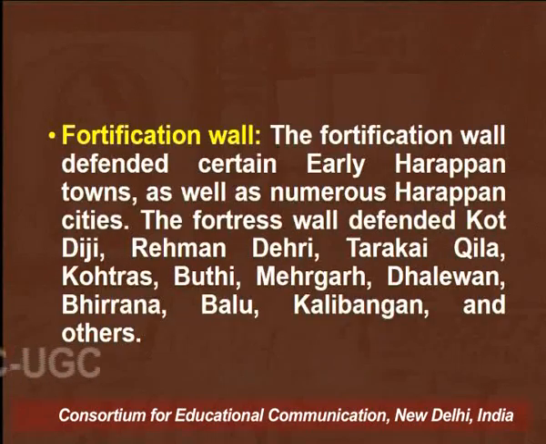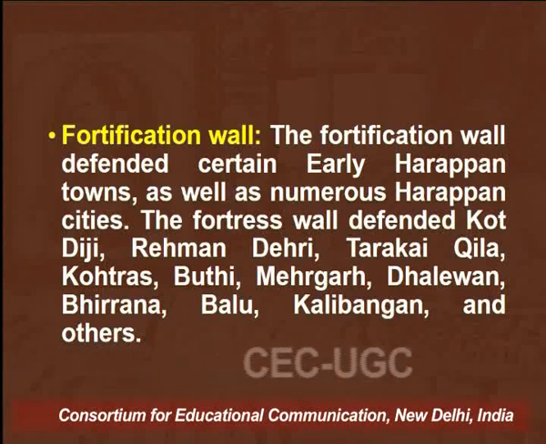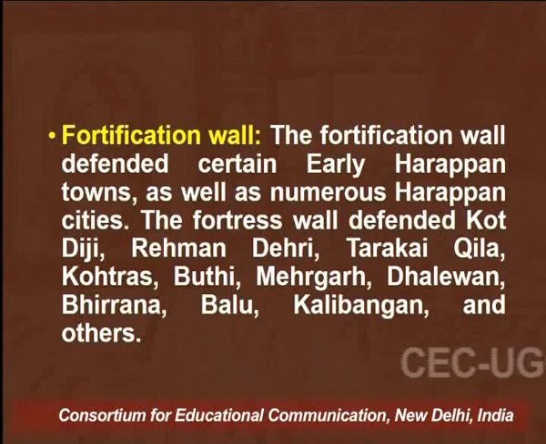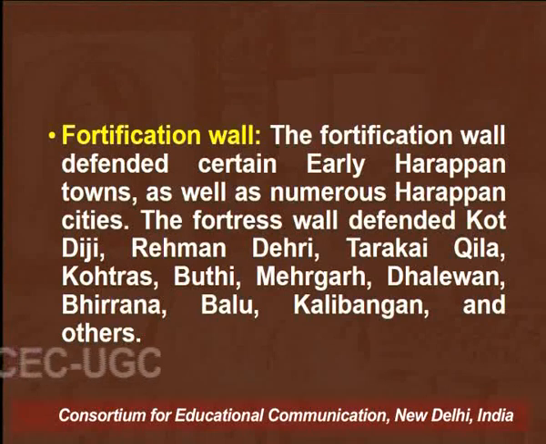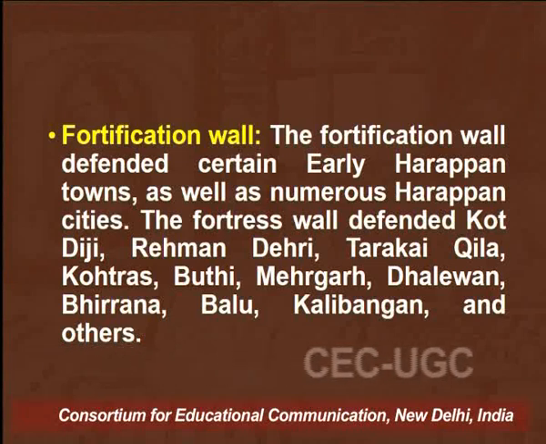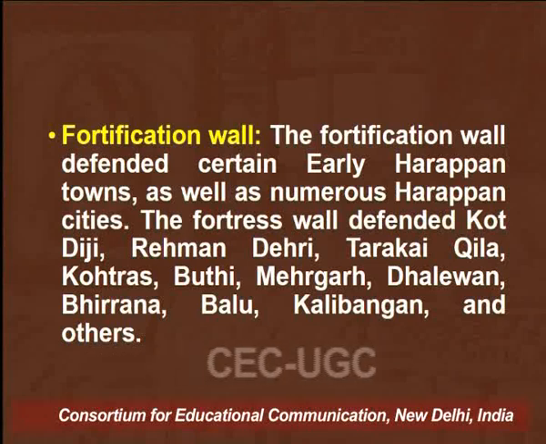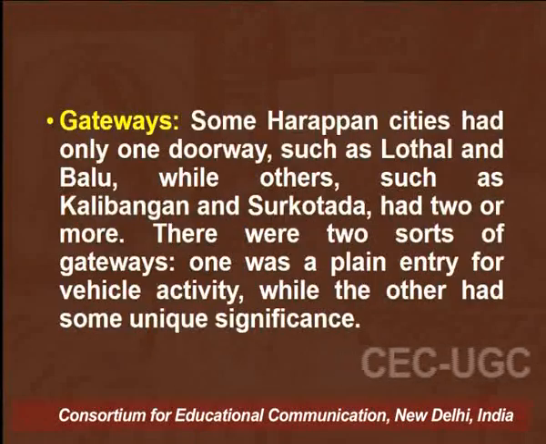Fortification wall was a very important feature of urban settlements, and it was found in most of early Harappan towns as well as several Harappan cities. The fortress wall defended Kot Diji, Rahman Dehri, Tarakai Kila, Bhuthi, Mehergarh, Dhalewa, Balu, Kalibangan and several others.